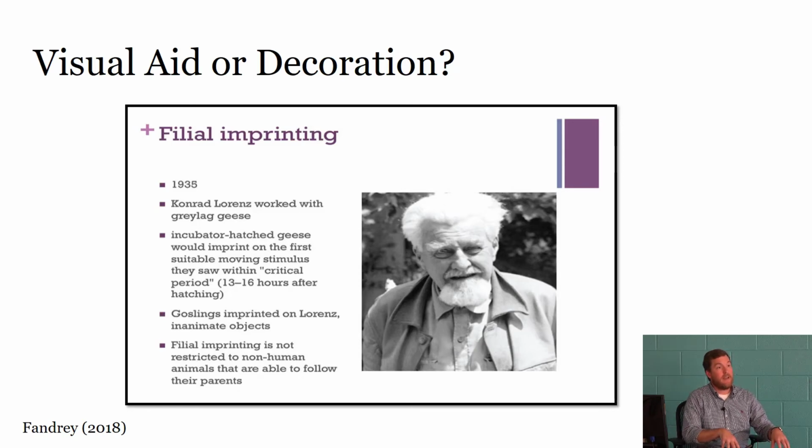Do you think this is an effective graphic to support filial imprinting? This is just a picture of some dude, right? I'm assuming it's probably Mr. Lorenz. But it's not supporting my main idea. It's not a visual aid, it's a decoration. Okay, so now let's take a look at the makeover slide.